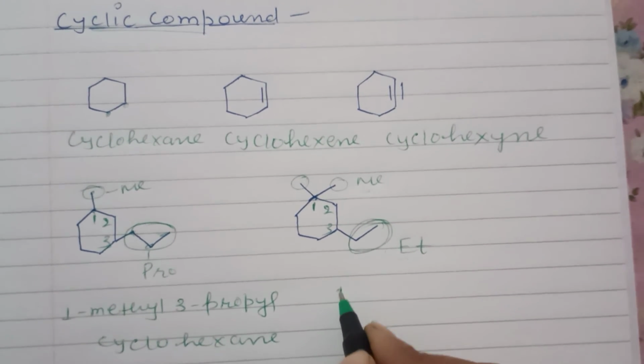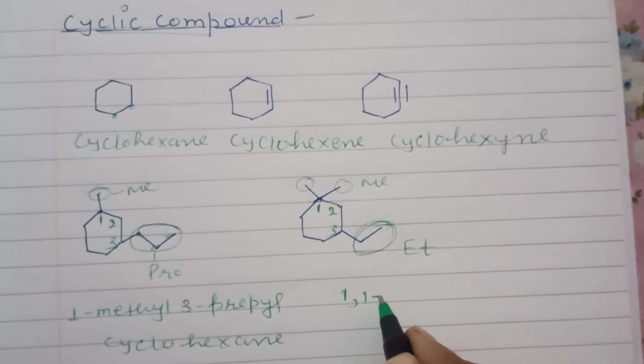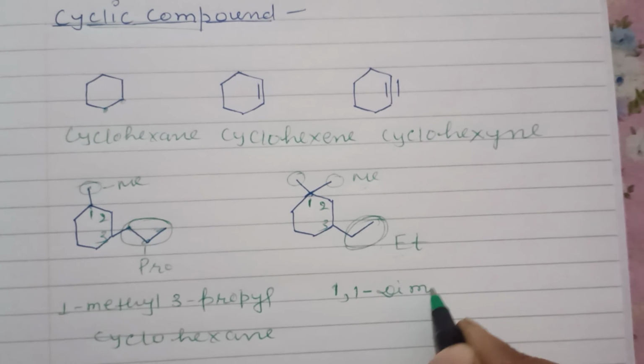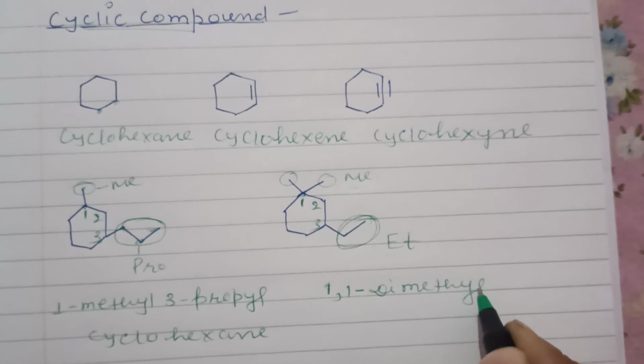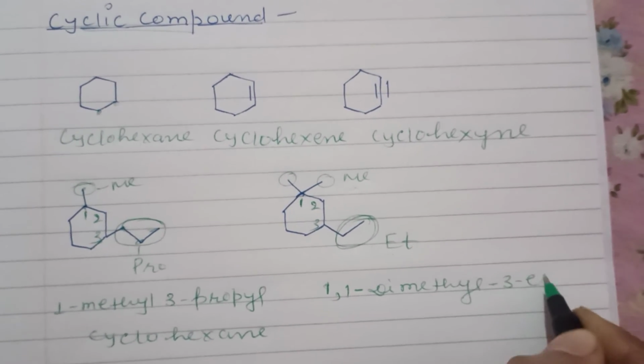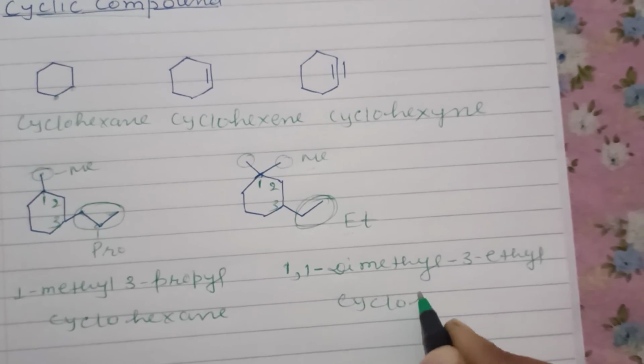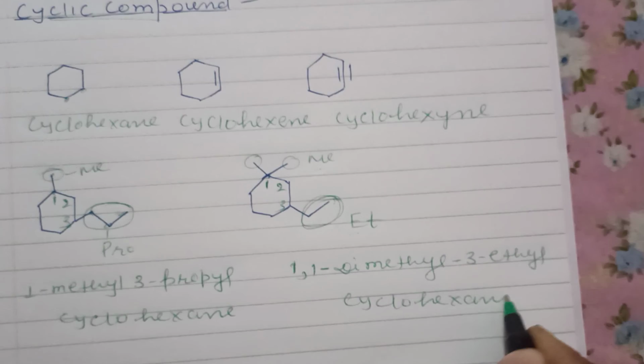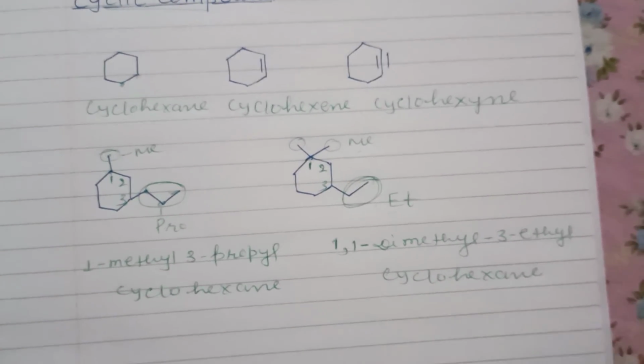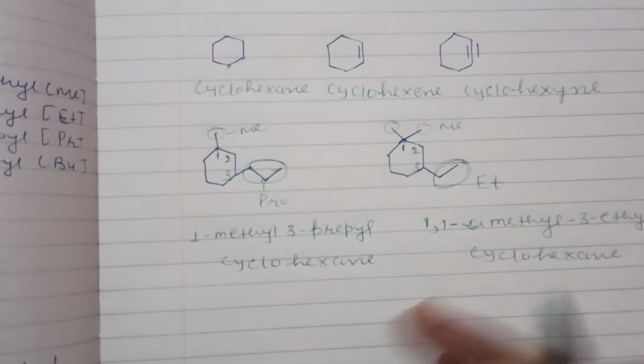So then 1 1 dimethyl, 3 ethyl cyclohexane. In this way you have to name. Further we will do in other videos, we will do practice.